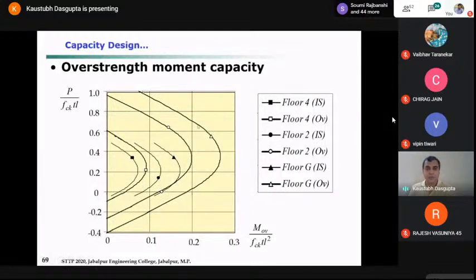This outer one is for the overstrength property, actual property. You compare this one with the outer one for the design. So you can see how much margin there is when you consider the overstrength. So that much increased moment is generated for a particular axial force. So that is M omega.